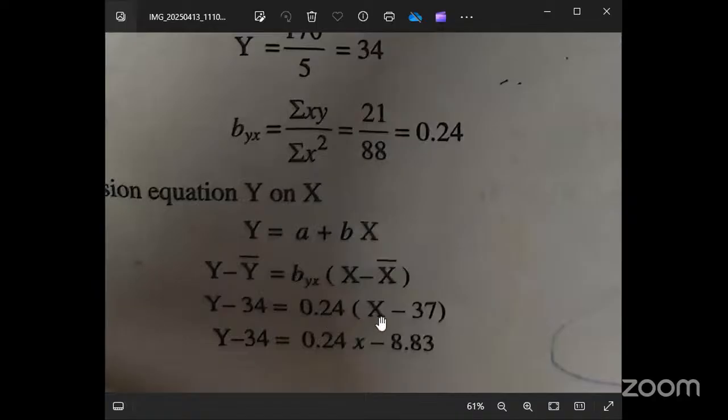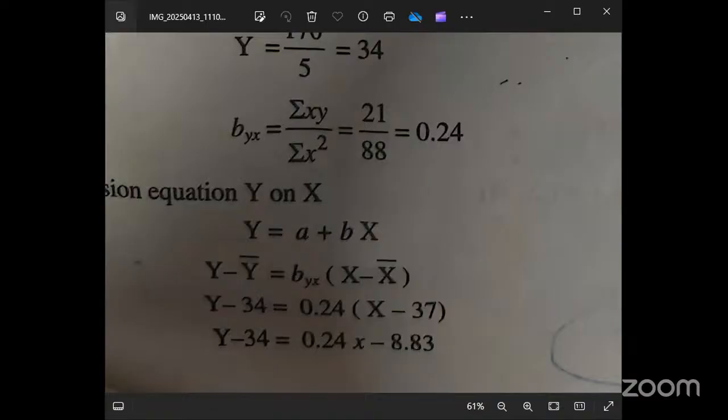We don't know what is x. What is x bar? X bar is 37. So next line, y minus 34, which equals 0.24x minus 8.83.